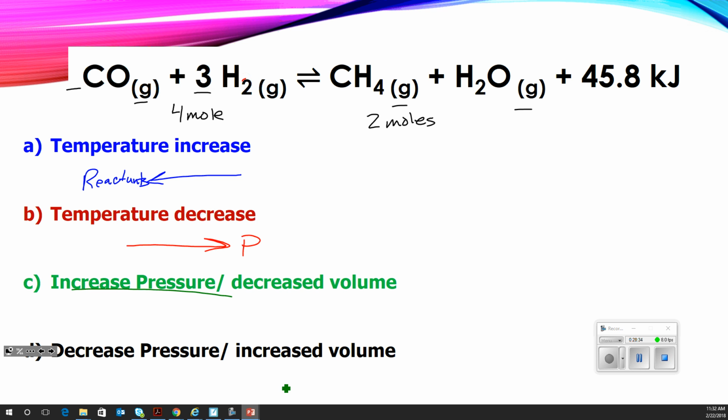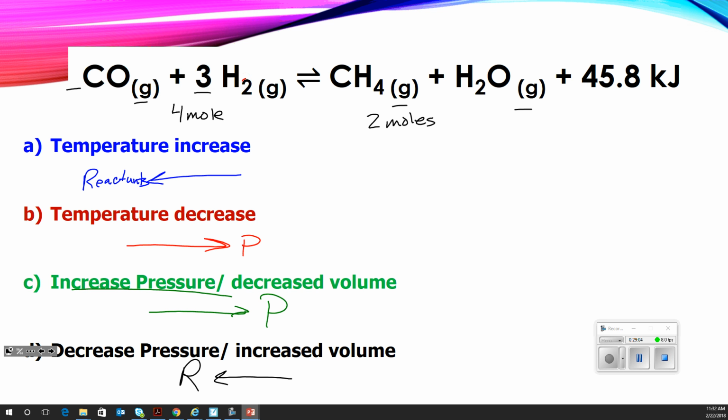So if I'm increasing pressure, instead of having 4 people run around, 2 couples are a lot easier in a smaller place. Anyway, we'll just go that way. Okay, pressure. Okay, so that then the bottom one, if I decrease the pressure or increase the volume, it goes to the side that has the more amount of moles of gas. So I would go towards my reactants.